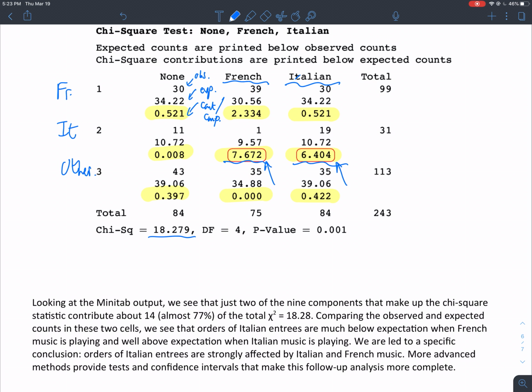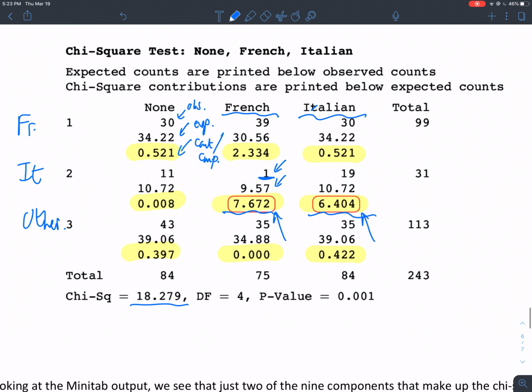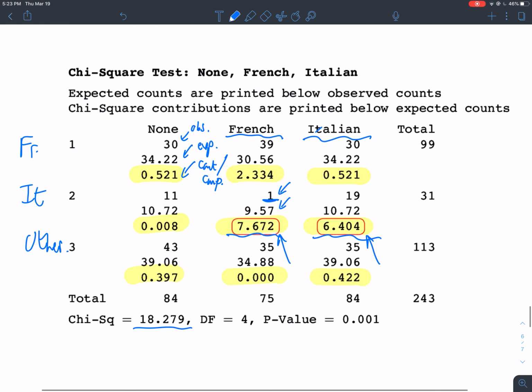So now you can see what's happening here. This is my observed count. When French music was playing, I observed way less Italian orders compared to what I expected, okay? So again, this is my observed, and this is my expected. So that's why this is so big. There's a huge difference between these two numbers.